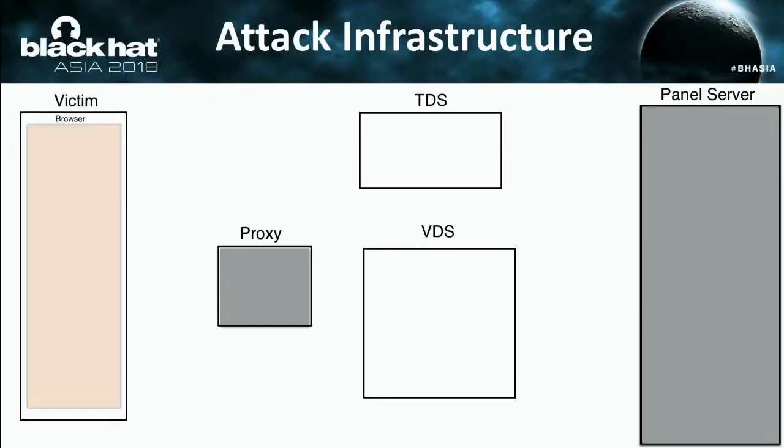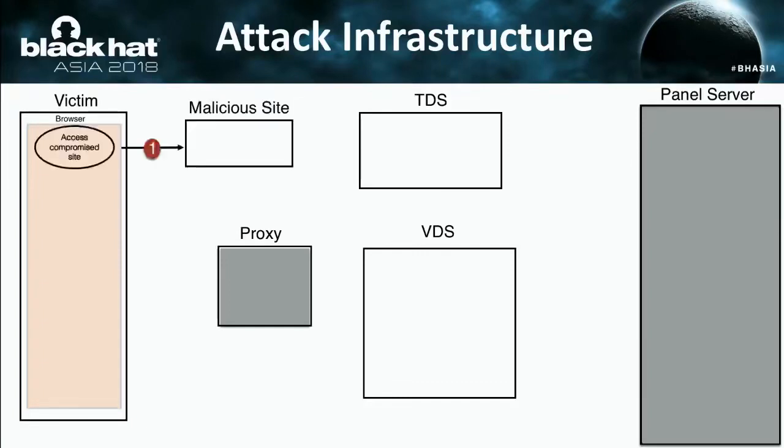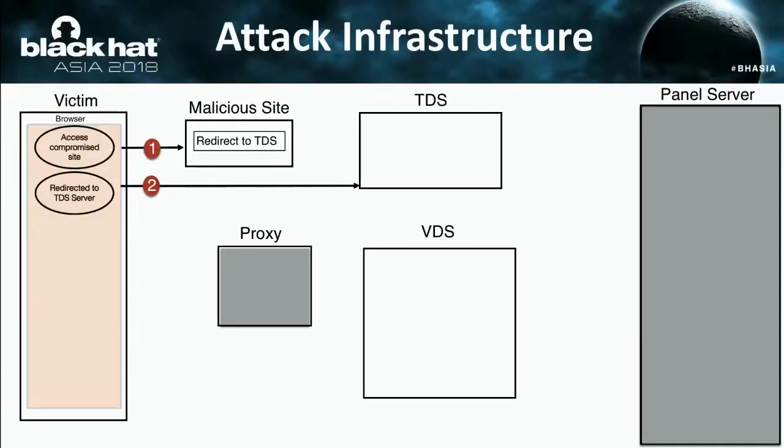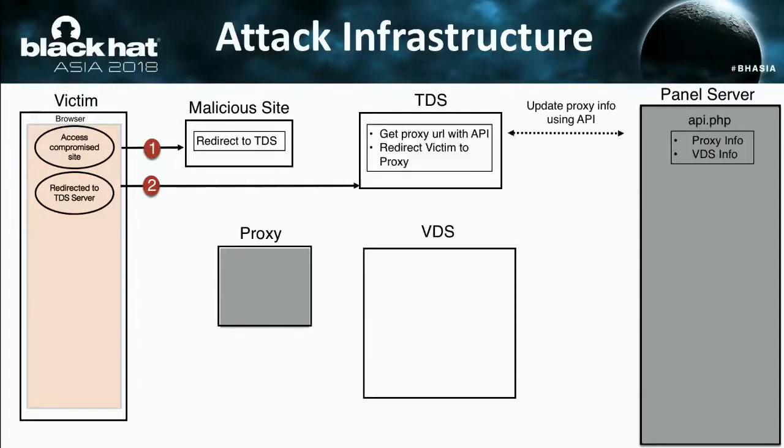So this is the victim, and this will be the browser. One victim browser accesses the malicious site, and the malicious site redirects the victim to the TDS server. And the TDS server here gets the proxy server URL from the panel server using the API I showed you previously.